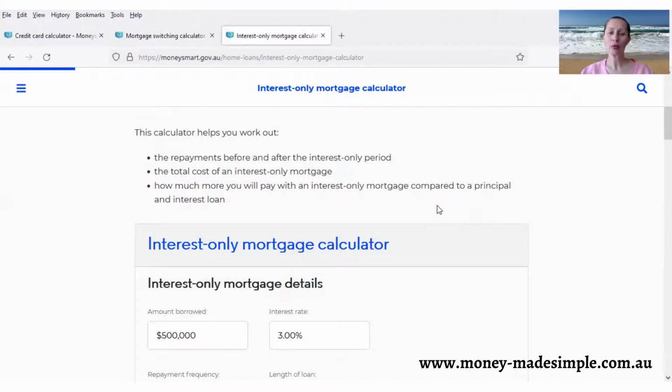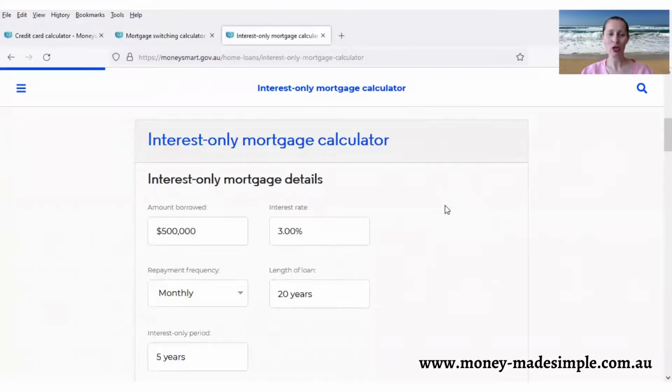And that can have pretty devastating effects on the amount that you're going to pay on your mortgage. So I'd really caution anyone before they consider an interest-only loan. I realize sometimes it is necessary, but I would try to maneuver any other changes within a household budget before going down this path. But if you do have to go down it, I'll just show you what the impacts can be.